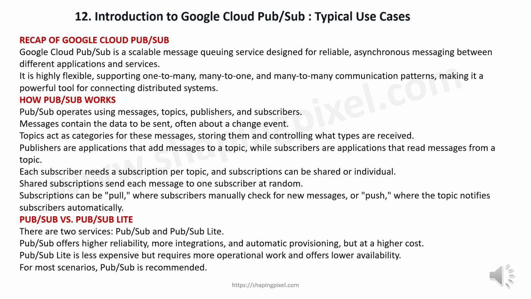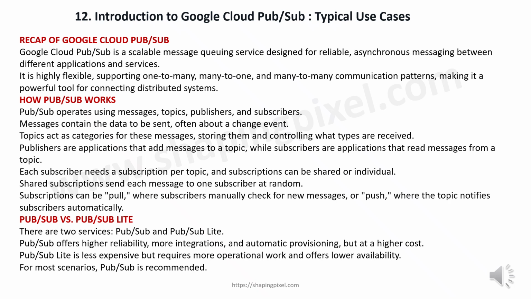Google Cloud PubSub is a scalable message queuing service designed for reliable, asynchronous messaging between different applications and services. It is highly flexible, supporting one-to-many, many-to-one, and many-to-many communication patterns, making it a powerful tool for connecting distributed systems.